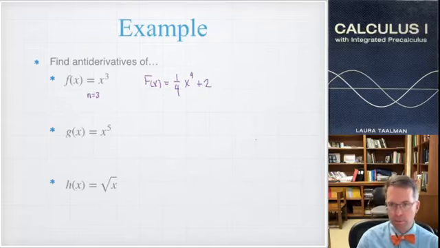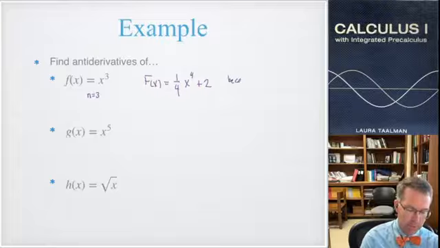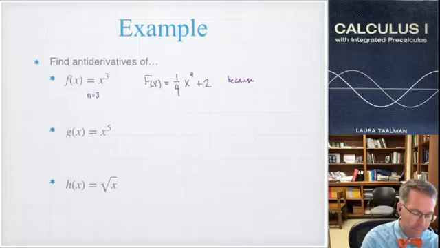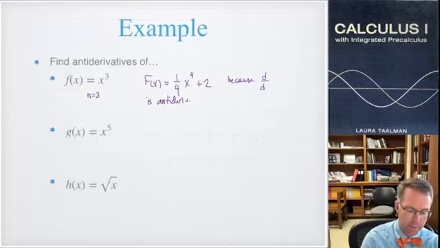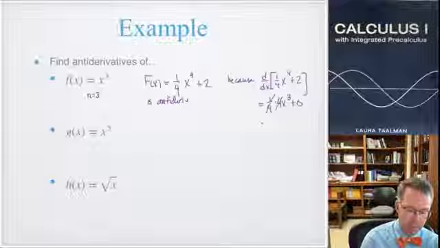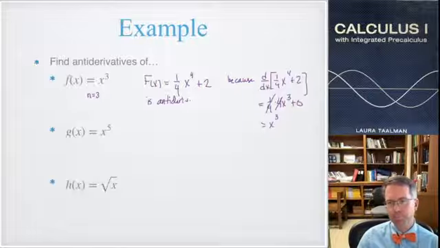That's an antiderivative. And the reason is, f of x is an antiderivative because when you take a derivative of 1/4 x to the fourth plus 2, you get 1/4 times 4x cubed plus 0, and the 1/4 times 4 cancels, I get x cubed.